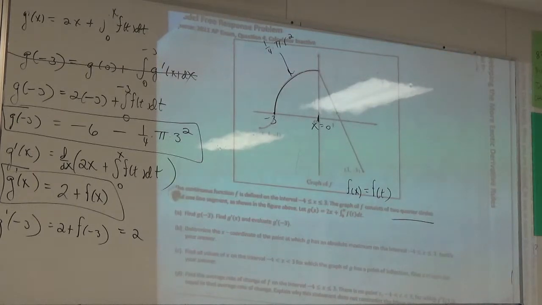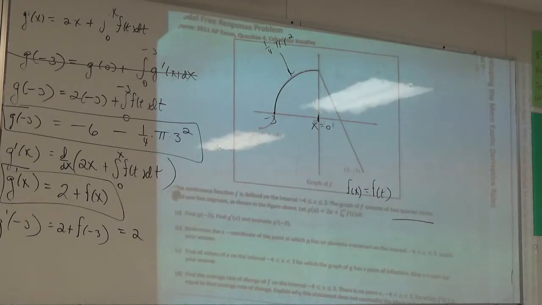Is it true that g prime of -3 is 2? Yes. What's the problem? It's supposed to be g prime of x. They are making what's called a linkage issue here. They're telling me two things are equal but are not equal to each other. G prime of -3 is 2, but g prime of -3 is not this. What is equal to all this? G prime of x.